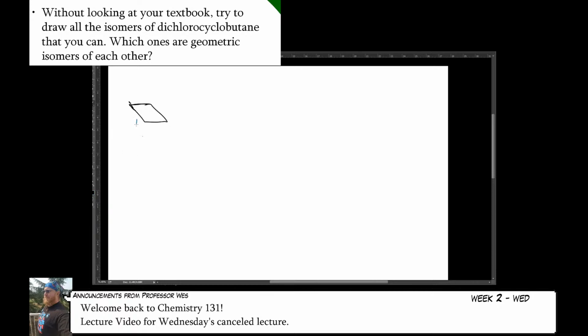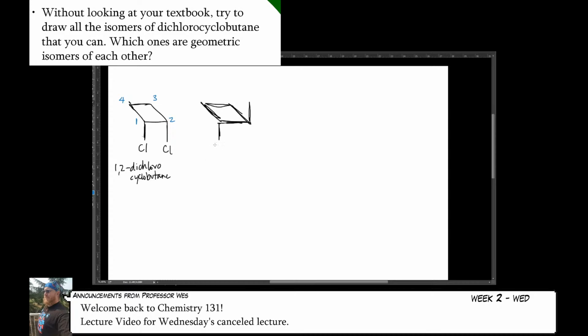To make this simpler, this position in the front is always going to be 1, and this position is always going to be 2, and so on. Okay? So I'm going to do both of them go down. And so this would be 1,2-dichlorocyclobutane. And I'm going to go down, up.